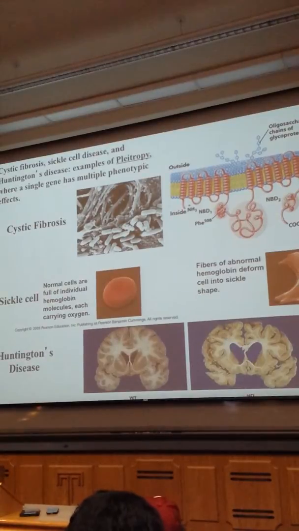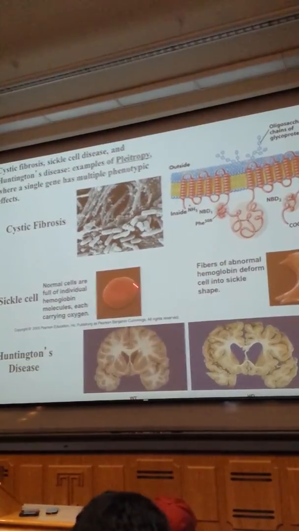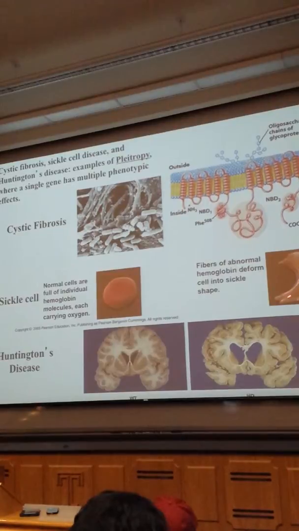Then we have sickle cell. Sickle cell is another example of a pleiotropic disease. It involves simply a single mutation where a single amino acid is changed in the beta subunit of hemoglobin. But what it does is change the structure of hemoglobin overall, such that instead of having a nice rounded red blood cell, you have a sickle-shaped or deformed red blood cell. This is going to clog the capillaries that feed the tissues.